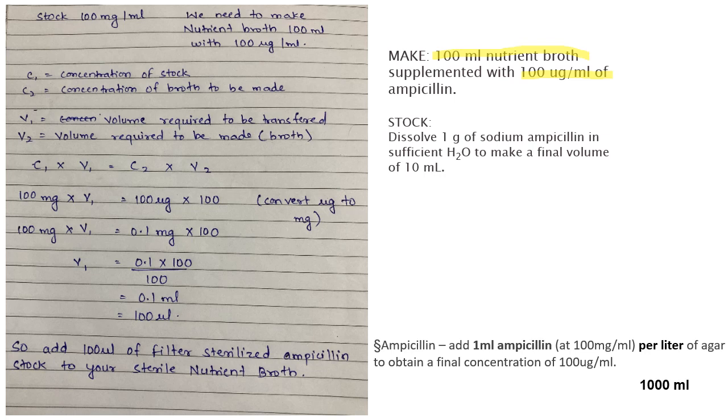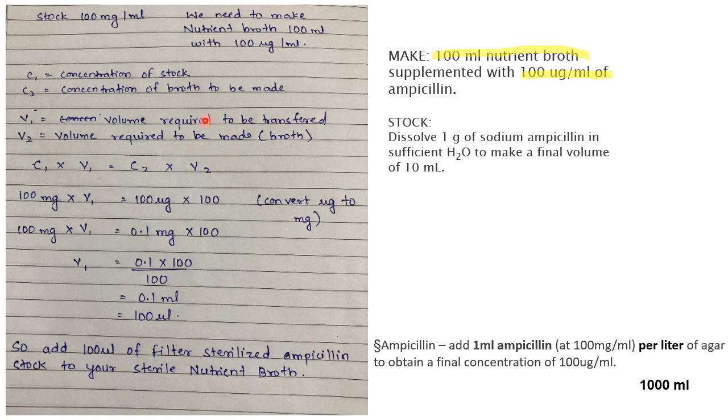Okay, so now we need to make nutrient broth of 100 ml with 100 micrograms per ml of antibiotic. So let C1 be the concentration of stock, C2 be the concentration of broth to be made, V1 be the volume required to be transferred, and V2 be the volume required to be made.